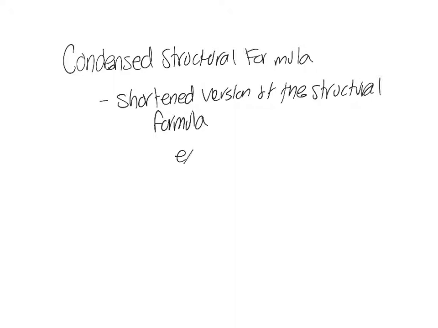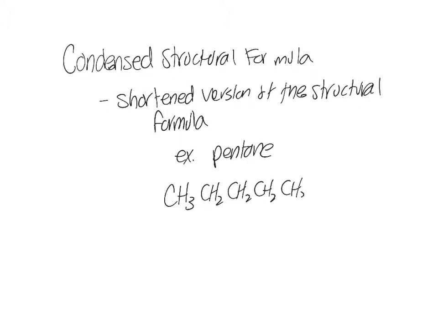So for instance, with pentane, I would draw pentane like this. So 1, 2, 3, 4, 5. So just to make sure it has 5. Right, so this is pentane.